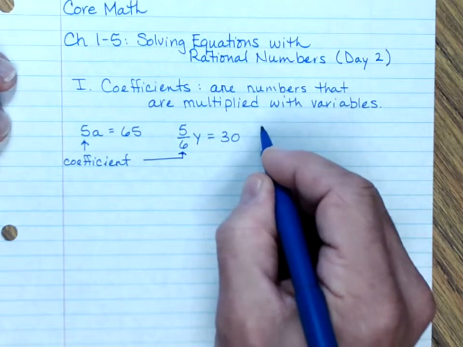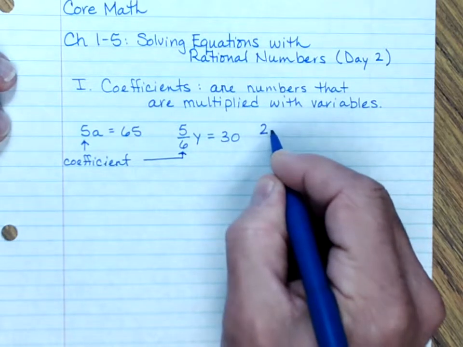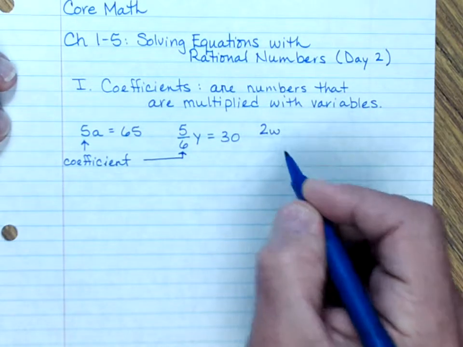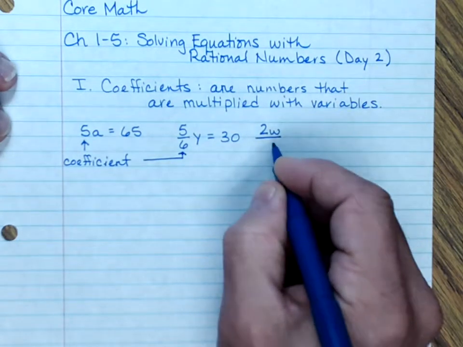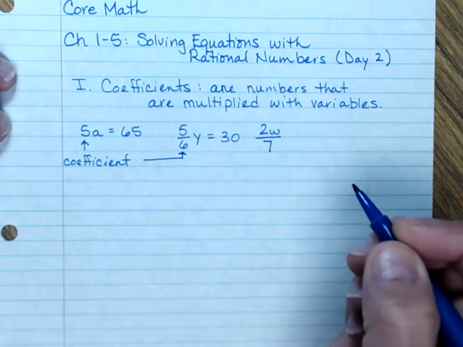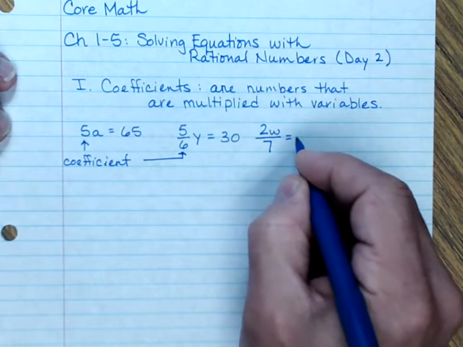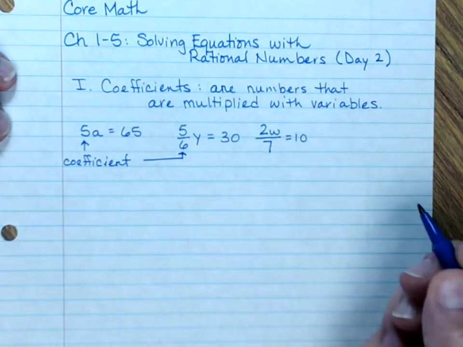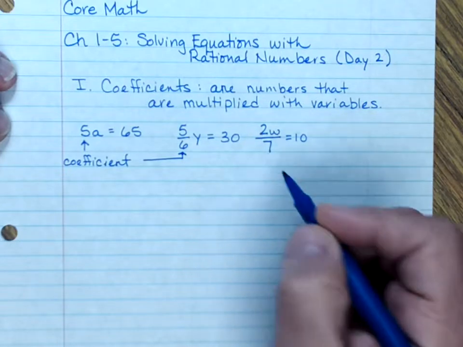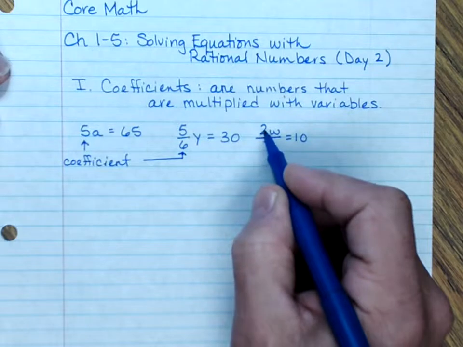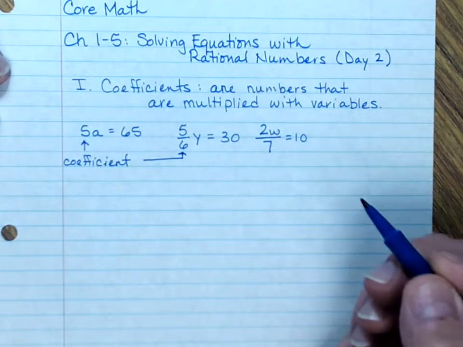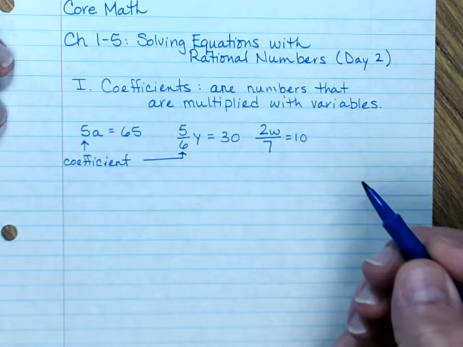We could take this another step farther, and we could include a variable in the numerator. And when there's a numerator, that means there's a denominator. So this is 2w over 7. This could also be read as 2 times w over 7. They're both correct.